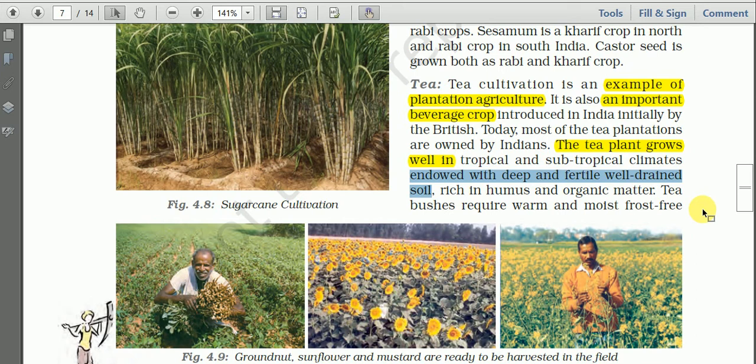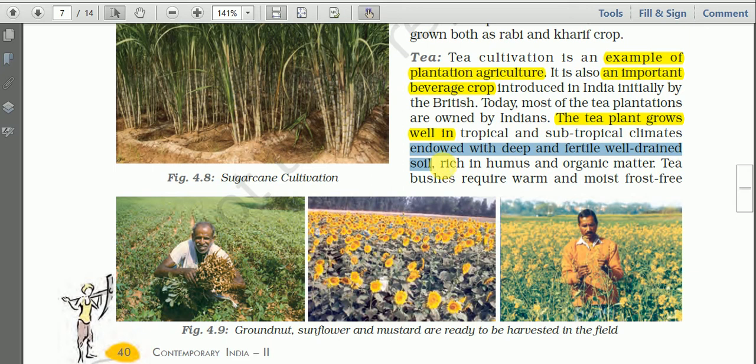Generally, we prefer rolling ground and small hill tracks for growing tea, because tea requires well-drained soil. Low-lying areas are not suitable for growing tea. The soil must be rich in humus and organic matter.